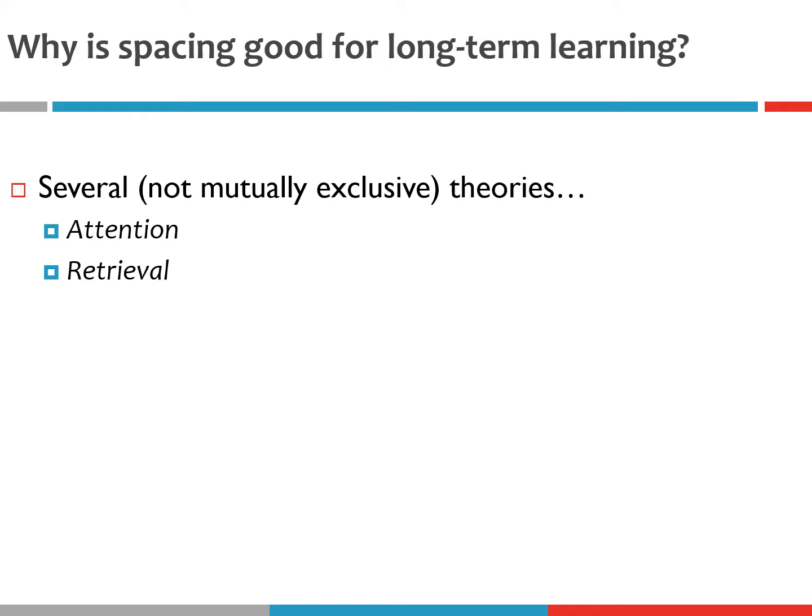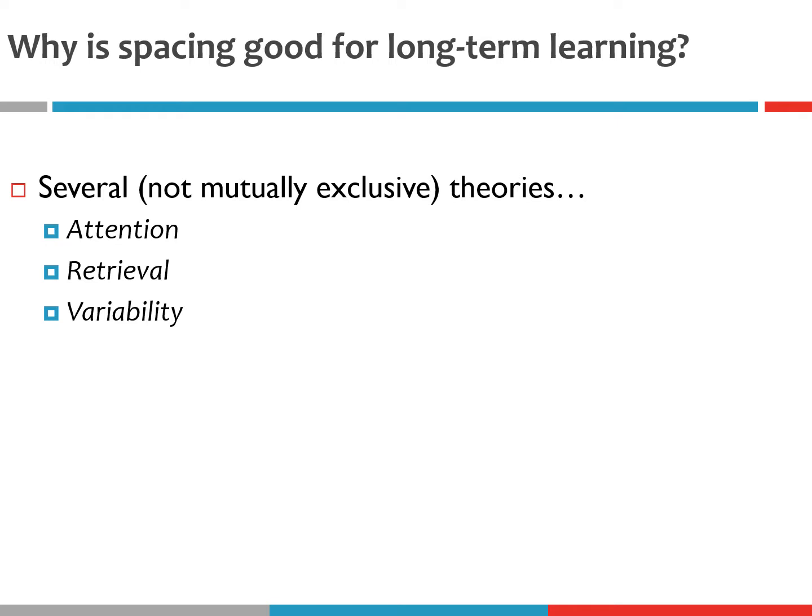And so instead of the information still residing in your short-term memory or your immediate consciousness, right, you now have to actively engage in retrieval to get that information from long-term memory into your short-term memory. And that retrieval attempt is going to make it easier for you to retrieve that information from long-term memory in the future.